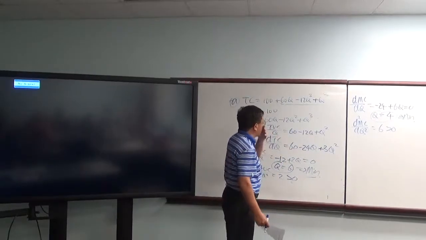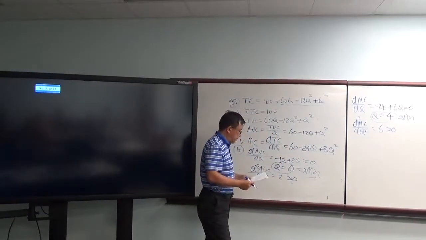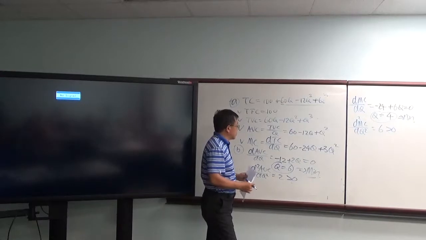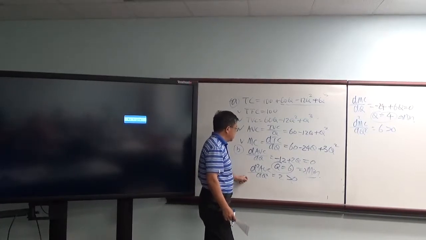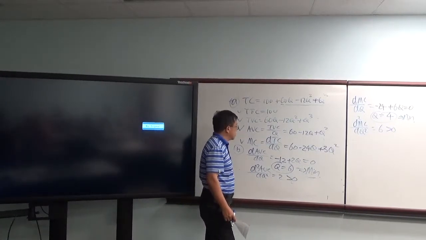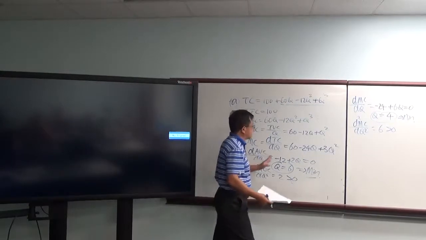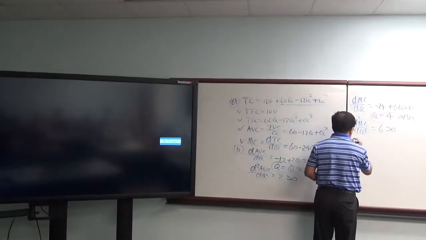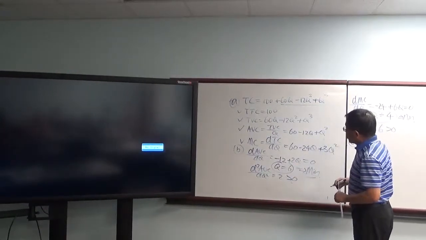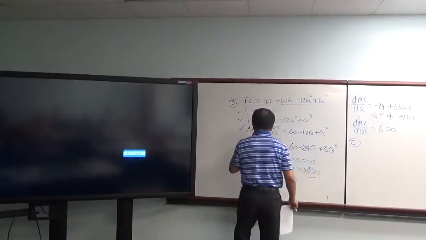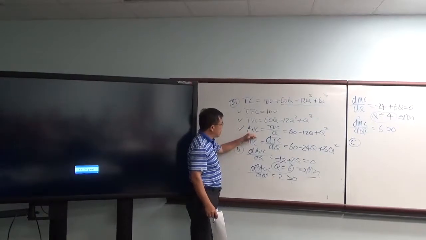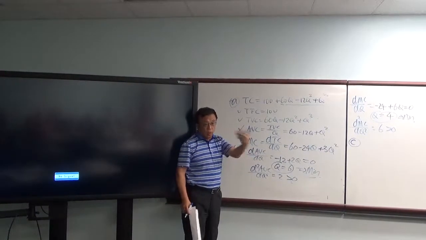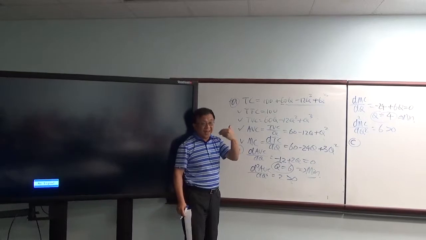And the last part of the question is asking you what's the level of the marginal cost and the average variable cost when the average variable cost is at its minimum. So the question is asking what's the relationship between average variable cost and marginal cost when average variable cost is at its minimum.